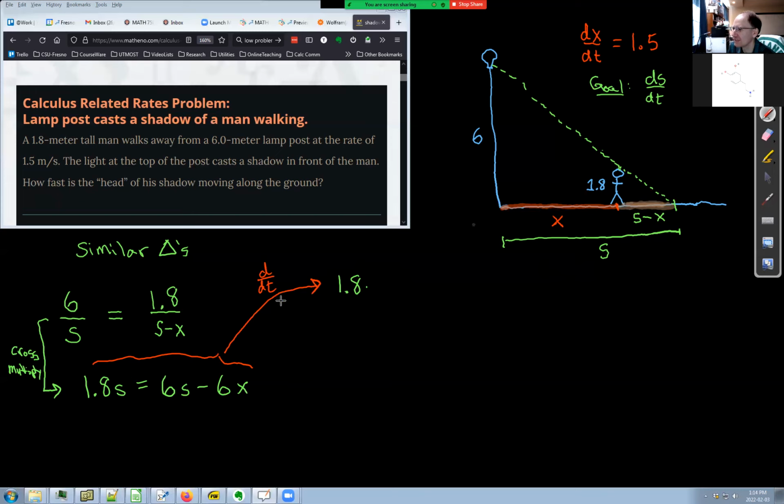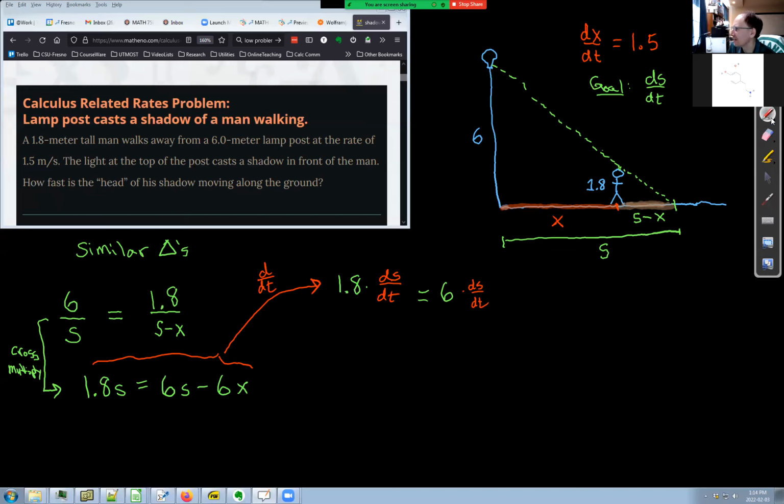S is not t, so we need to put in a ds dt. The other side is pretty much the same stuff. The 6 stays there, and the derivative of s is 1, but s is not t, so you have to multiply by ds dt.